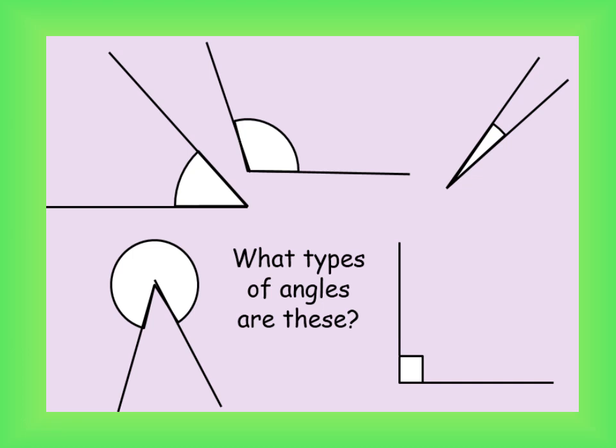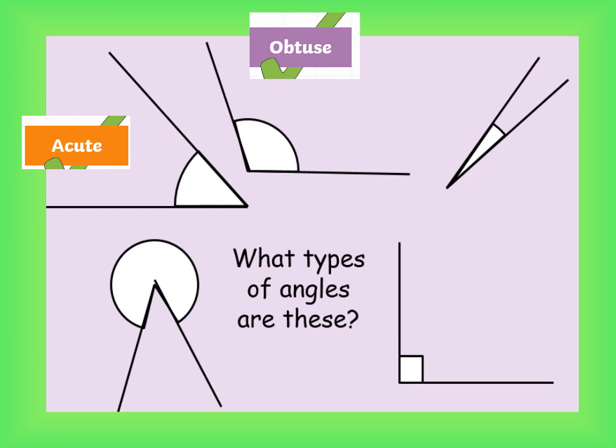Is it acute, obtuse, reflex, straight, or a right angle? Excellent. This is less than 90, so it's an acute angle. Now the second one in the middle. Good. This is an obtuse angle.